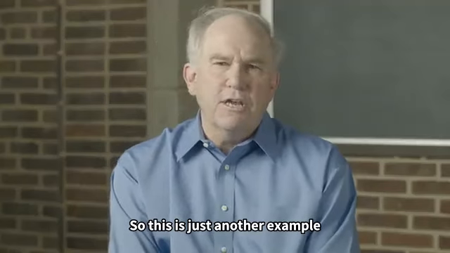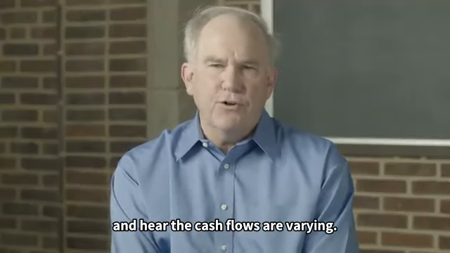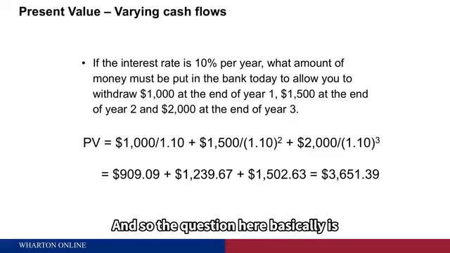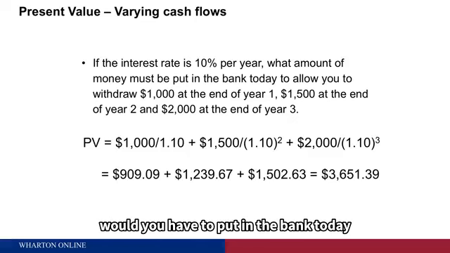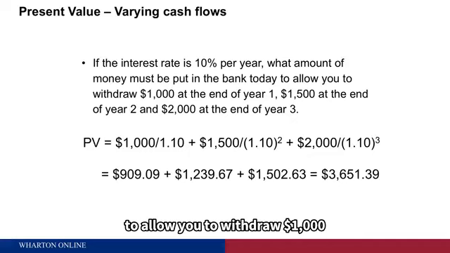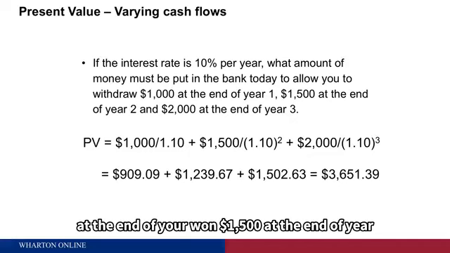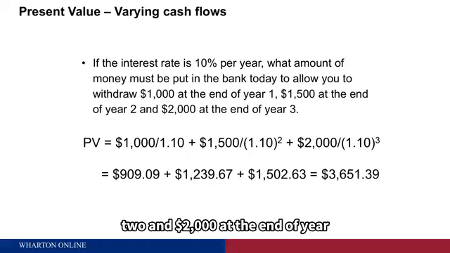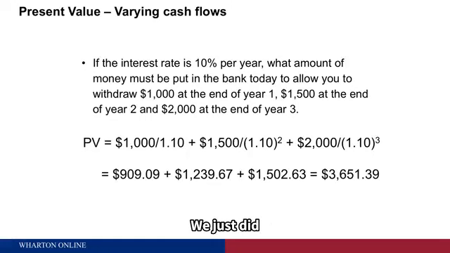So this is just another example, and here the cash flows are varying. And so the question here basically is, what amount of money would you have to put in the bank today to allow you to withdraw $1,000 at the end of year one, $1,500 at the end of year two, and $2,000 at the end of year three? And this calculation is very much like the calculation we just did.